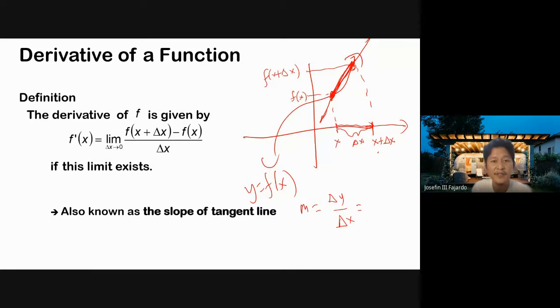So if you consider this, it is f at x plus delta x minus f of x, all over x plus delta x minus x. So this is just f at x plus delta x minus f of x all over delta x, which is just this. Can you follow?